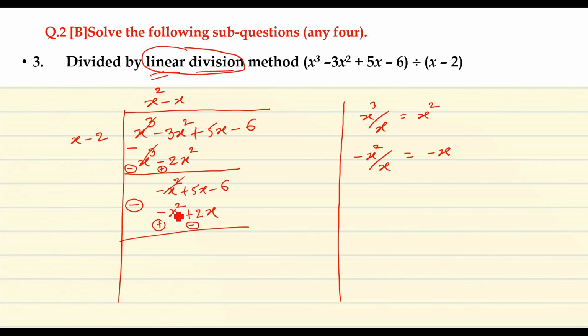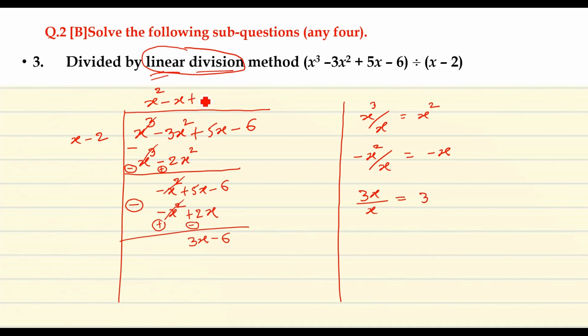So minus x square plus x square gets cancelled, plus 5x minus 2x. So the answer will be plus 3x minus 6. Further, the degree of 3x minus 6 is 1, and the divisor's degree is also 1. Therefore further division is possible. Now the first term 3x divided by x, I will get the answer plus 3.